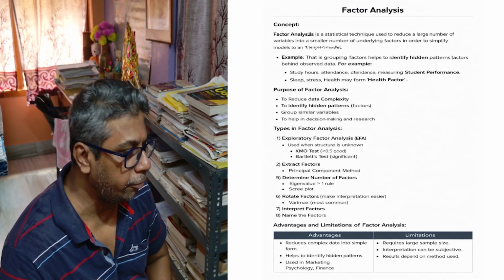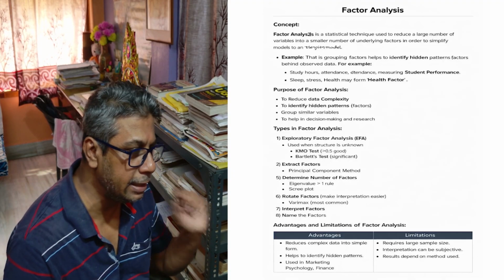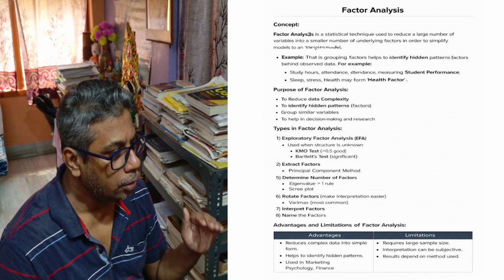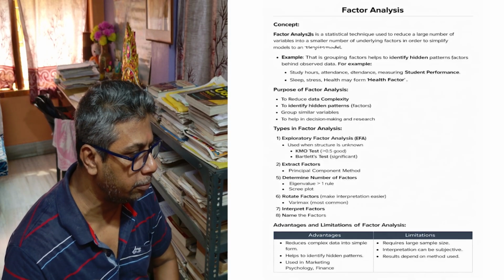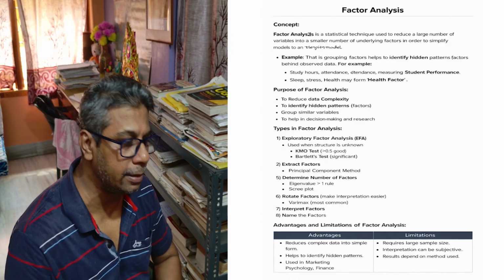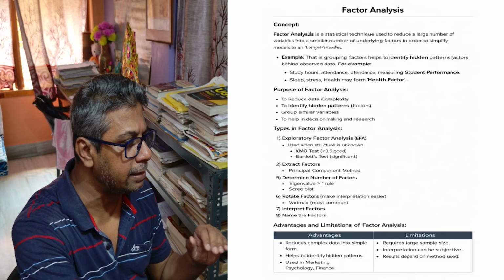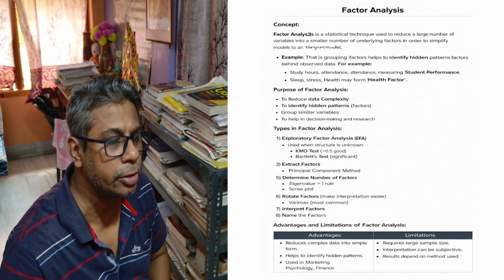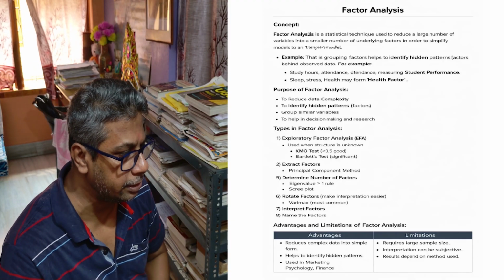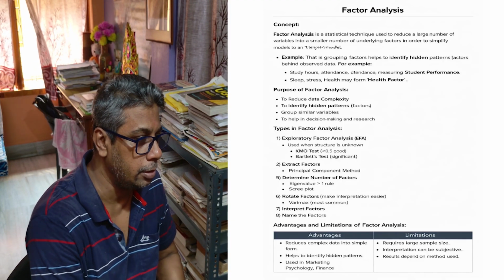What is the purpose of factor analysis? To reduce data complexity, to identify hidden patterns, to group similar variables, and to help decision making and research. The types of factor analysis: exploratory factor analysis is used when the structure is unknown; the KMO test and Bartlett test belong to exploratory factor analysis.